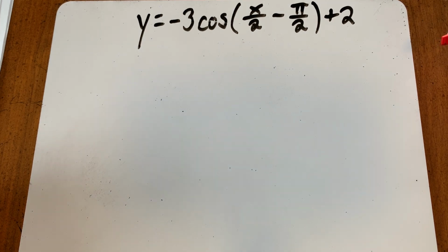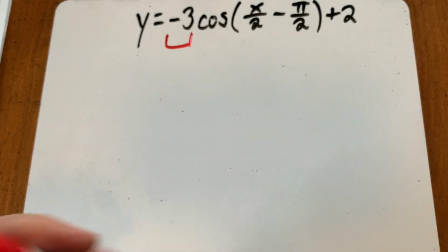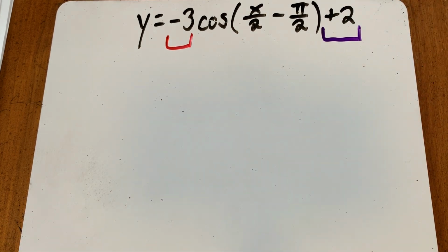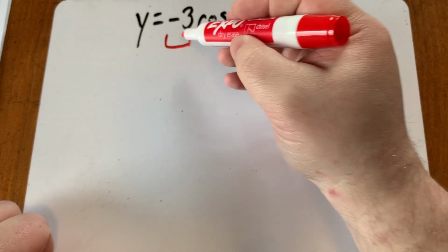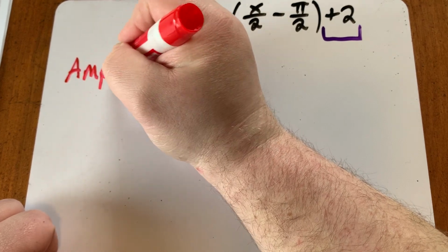with my horizontal changes. So our vertical changes come from A and from K. So we get it from our leading coefficient and the constant we're adding to the outside. That value A tells us our amplitude.